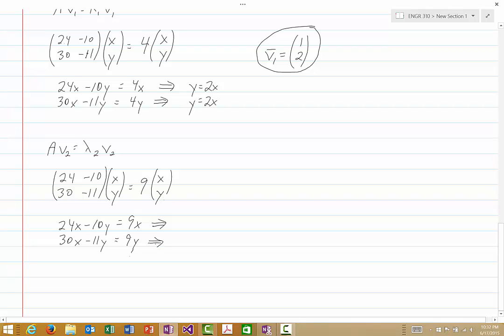Now if we do a little bit of work on this, we get y equals 3 halves x for the first equation, and for the second equation, again y equals 3 halves x. So we can pick V2 equal to (2, 3).